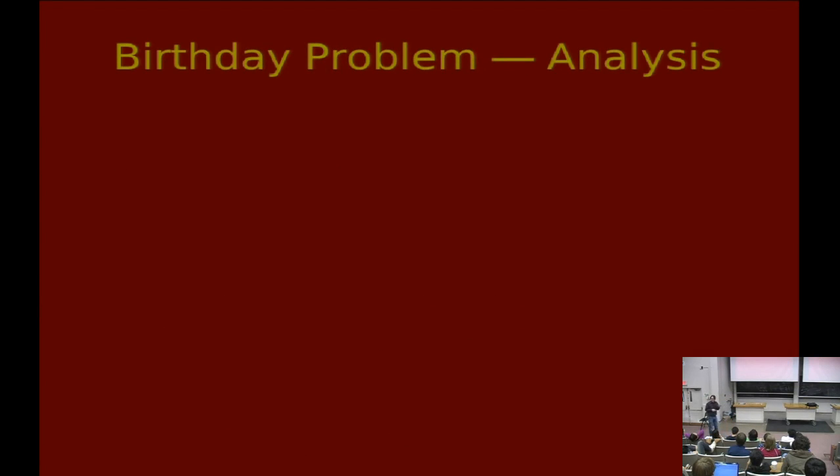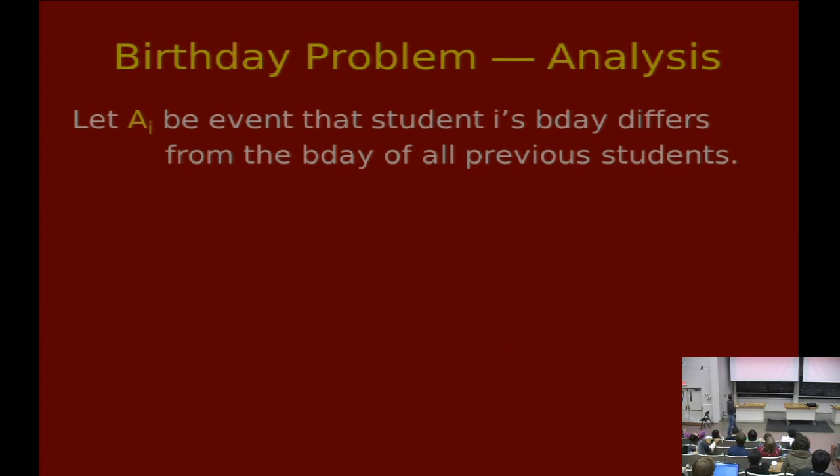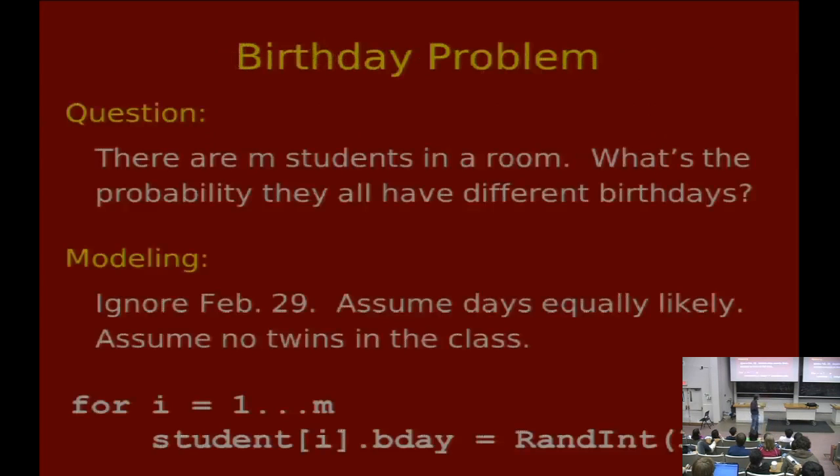Okay, analysis. Apparently you've seen this before, so I'll go a bit briefly. Let A_i be the event that student i's birthday is different from all the previous birthdays. In this code, you're assigning the birthdays one by one. And when you're doing the ith one, let's consider the event that the ith one is different from all the previous ones.